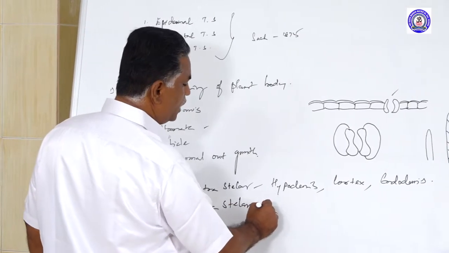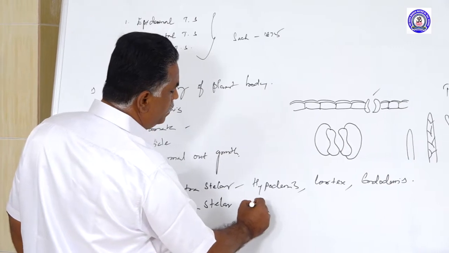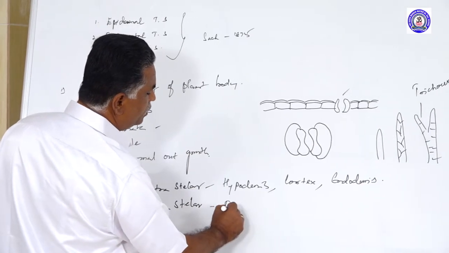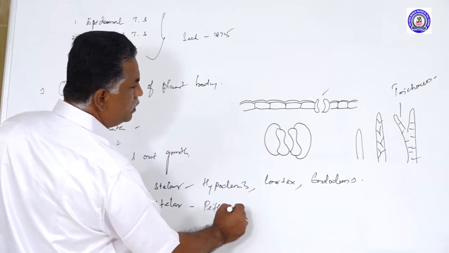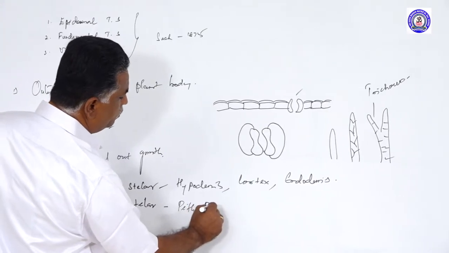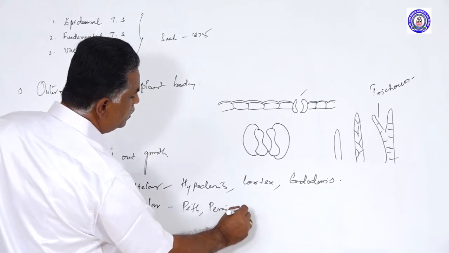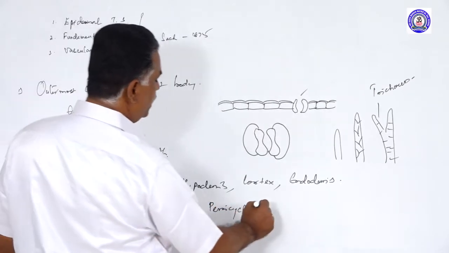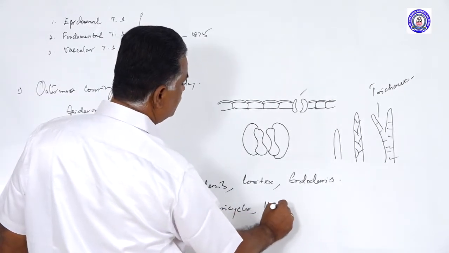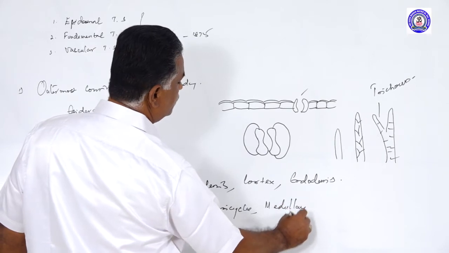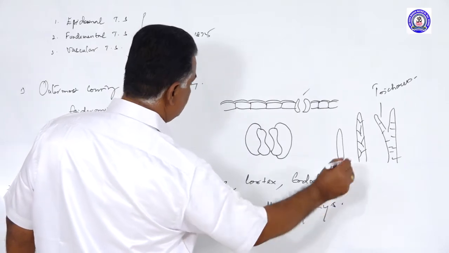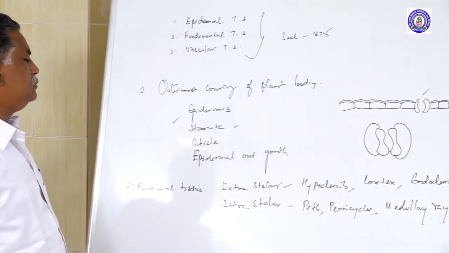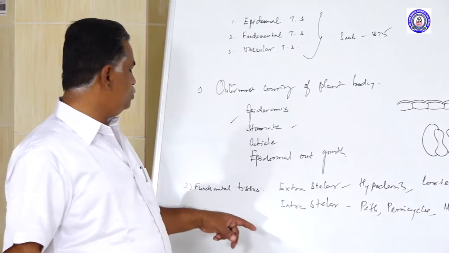Intrastellar ground tissues are pericycle, pith and medullary rays. These are all ground tissues.